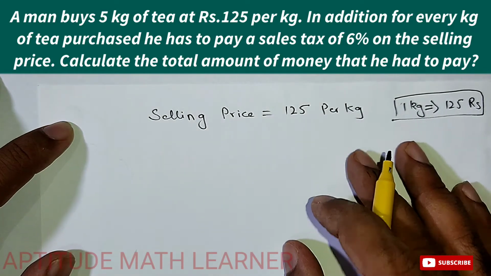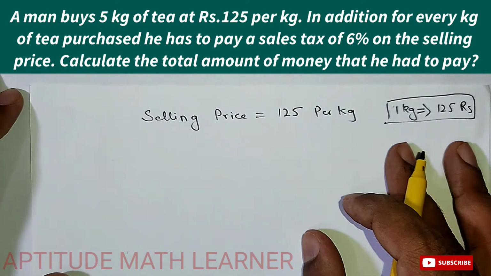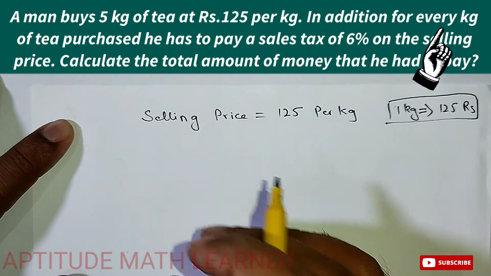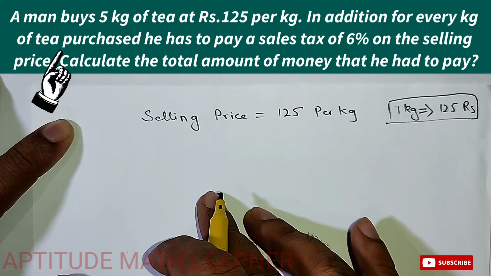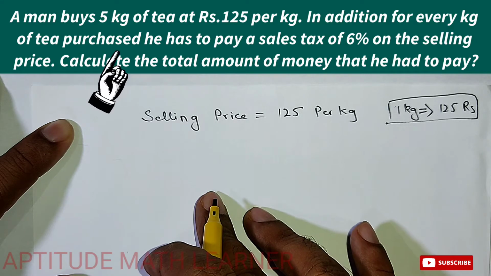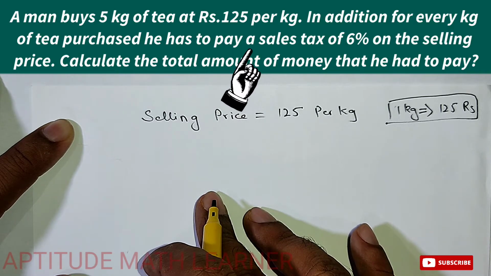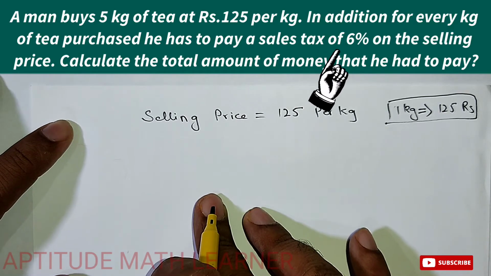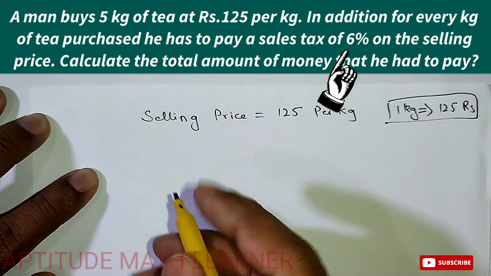And now if you see in the question, he says that for every kilogram of tea purchased, an additional tax he has to pay, and that is how much? That is 6%.